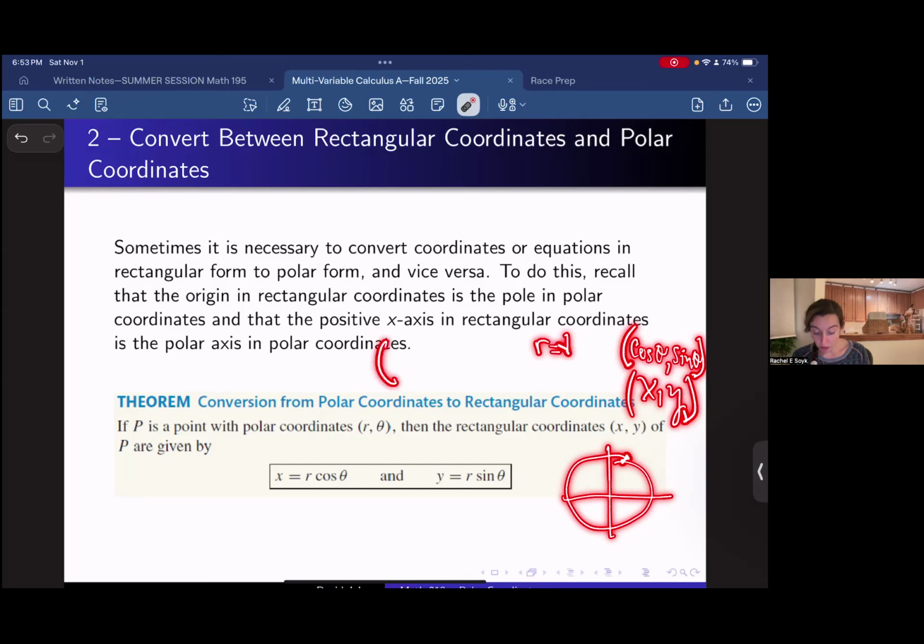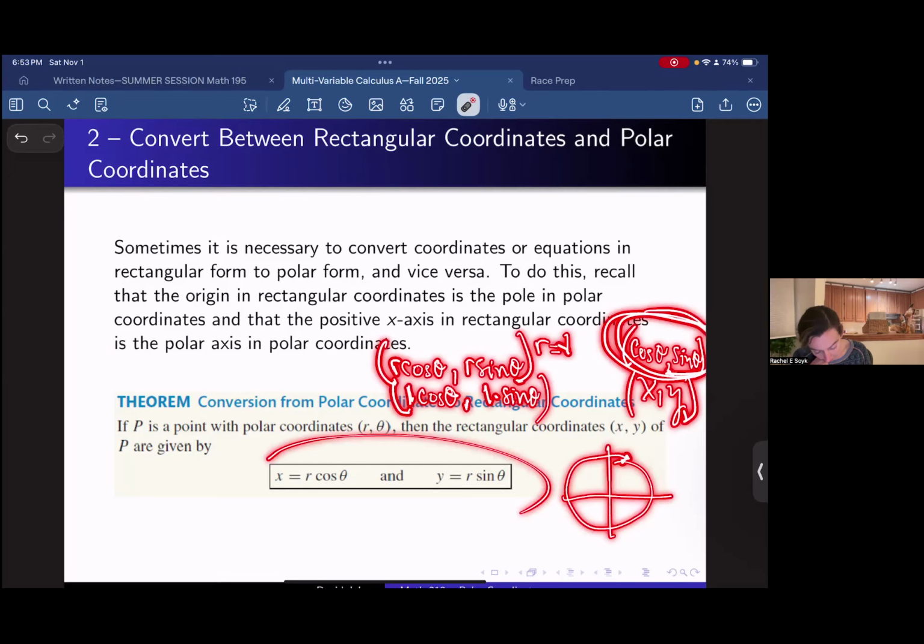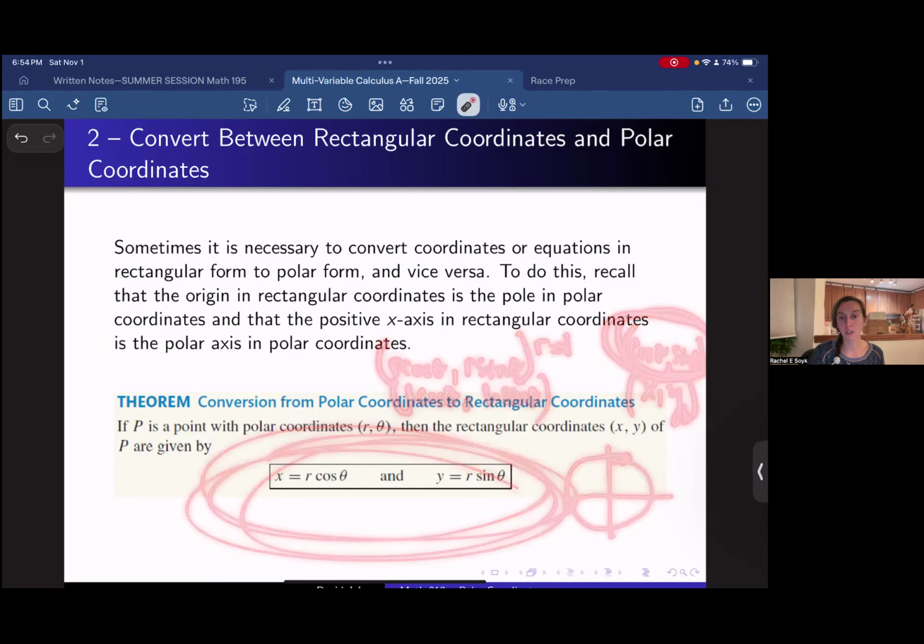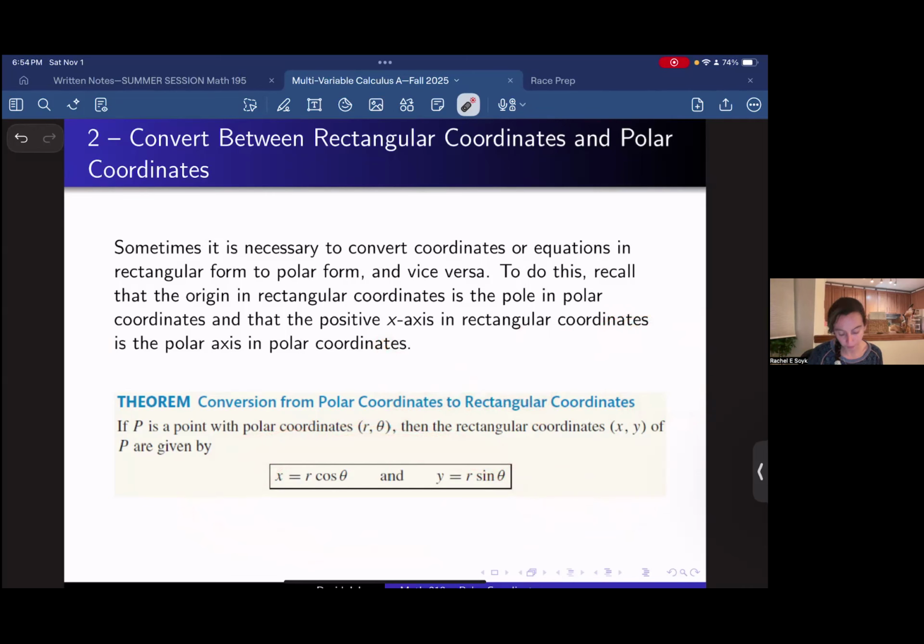But it really was just going from polar coordinate form to rectangular form: r cosine theta, comma, r sine theta, and then we plug in that radius of 1 because it's a unit circle. We have 1 times cosine theta and 1 times sine theta to get cosine theta, sine theta. So that's where our conversion really stems from. Okay.